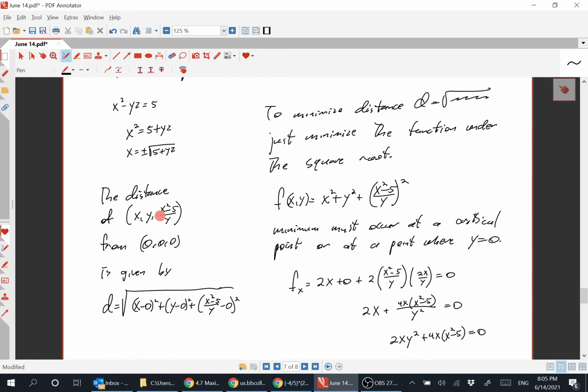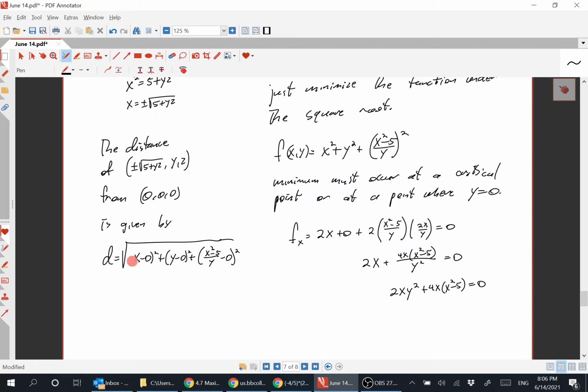Right, and then this point becomes, so x is plus or minus square root 5 plus yz, and then you're having y and z as the independent variables.